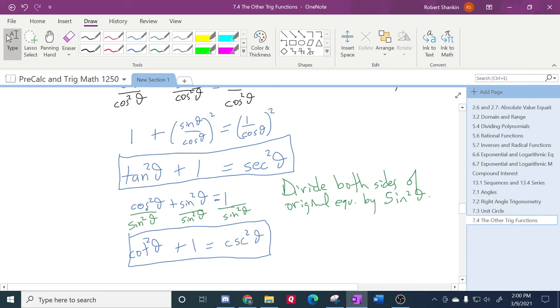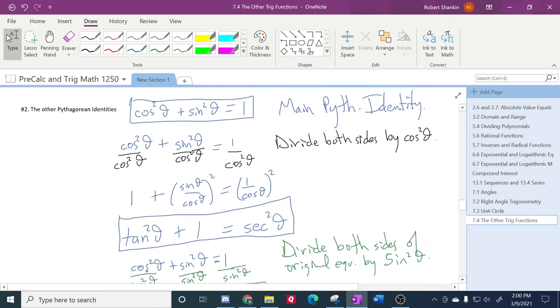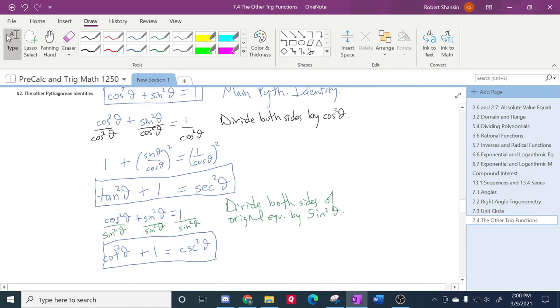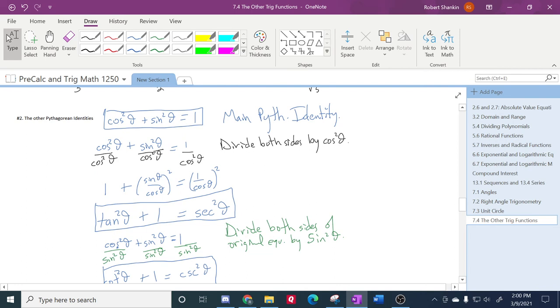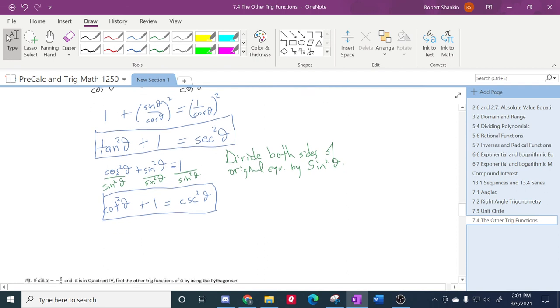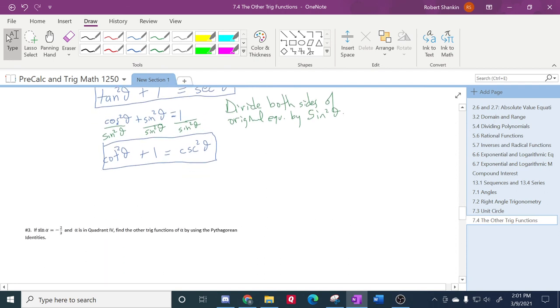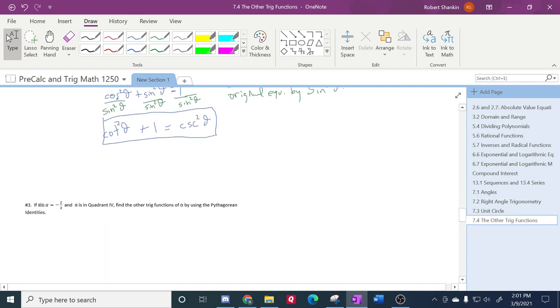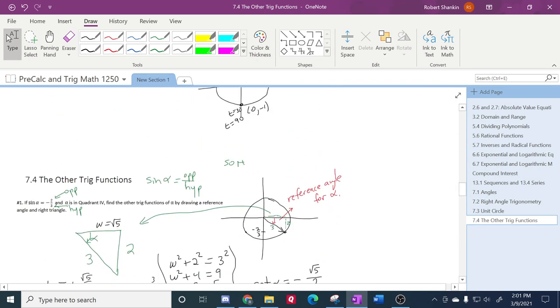And so these are the 3 Pythagorean identities that we're going to have to commit to memory. The main Pythagorean identities. All right, now, what are these Pythagorean identities useful for? All right, we're going to do the same problem that we just did.